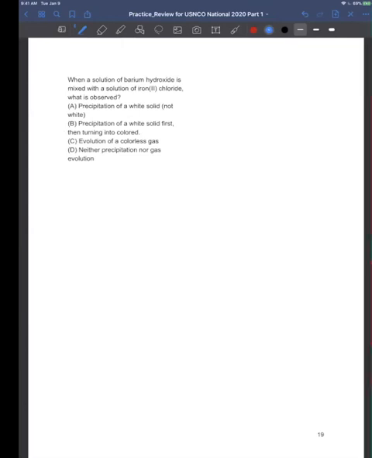Oh, sorry, I should delete the "non-white", it is just a white solid. So sorry about this. Probably it misled you. So the correct answer is supposed to be B. First, there is a white precipitate produced, which is iron 2 hydroxide, and then it will quickly turn into green, and then finally, after a long time, it will be reddish brown, which is the iron 3 hydroxide.